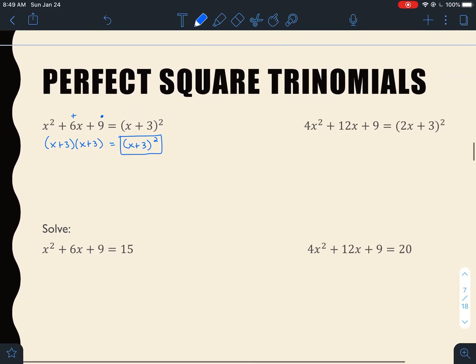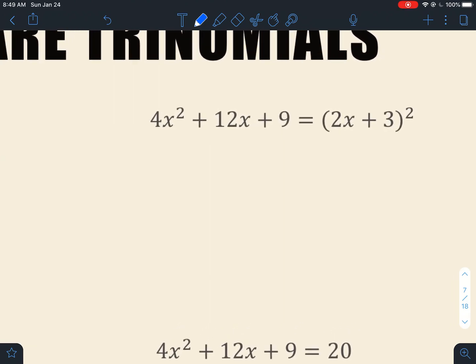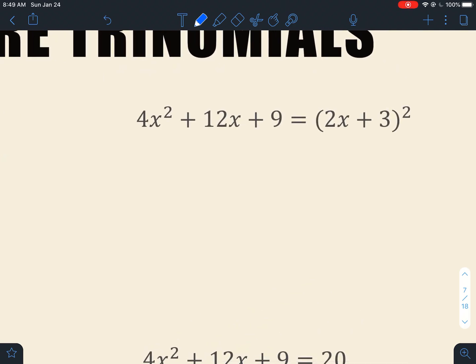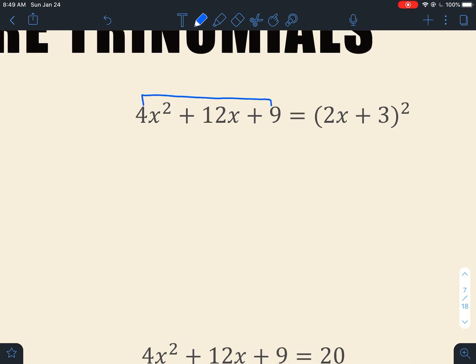So another example would be 4x squared plus 12x plus 9. And that is also a perfect square trinomial. You can factor by grouping or you can factor by making your diamond, either way. So if I took 4 times 9, I'd get 36. So I need 2 numbers that multiply to 36 and add to 12. Well, that would be 6 and 6.